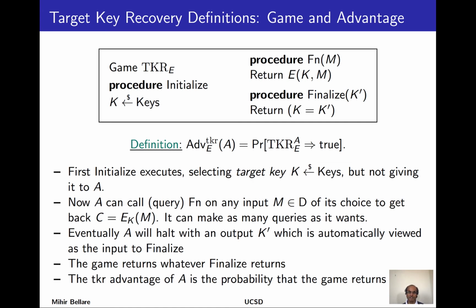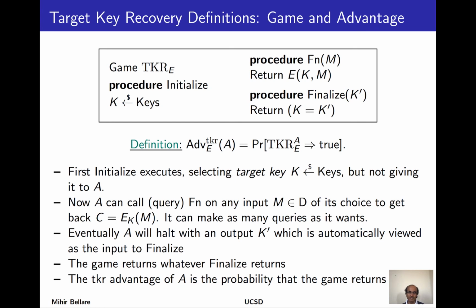The first procedure is initialize, and what it does is it picks a key at random from the set Keys. What is the set Keys? The set of keys of the family of functions E, determined by E. Now, this plays the role of the target key. In our minds, we might be thinking about Alice and Bob as using this key, but the game doesn't explicitly talk of Alice and Bob.